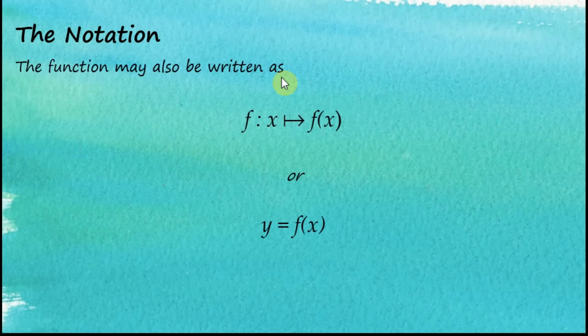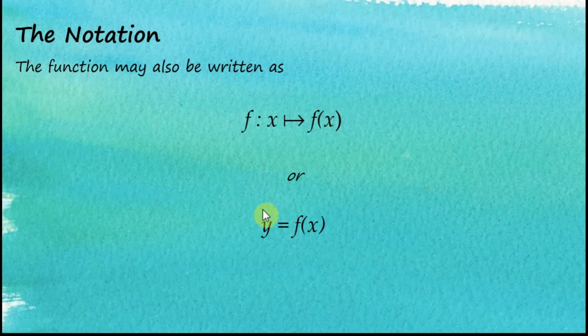A function may also be written as this one: f colon x arrow f of x. Again, this is the name of the function. This is the object, and then f of x is the image. So we map object x to this image here.